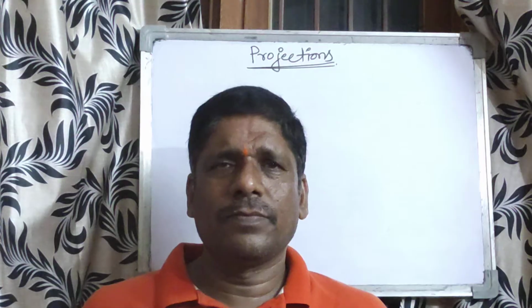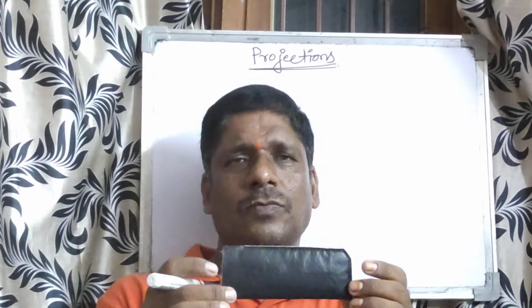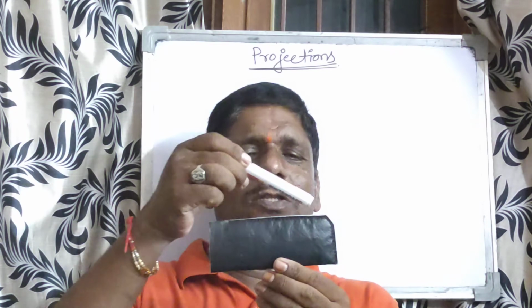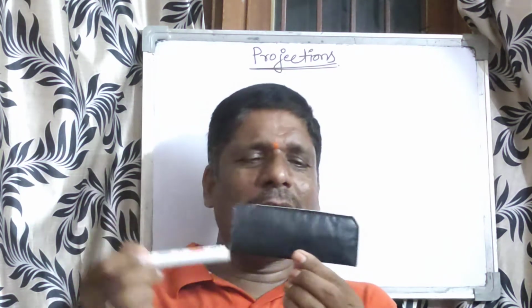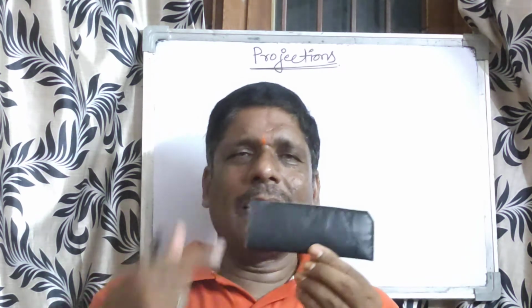Otherwise I will show some other object. Suppose this is the object. Either I can keep it like that or like that. If you see this object, it looks to your eyes like a rectangular shape. This black portion you can see here, a rectangular shape.